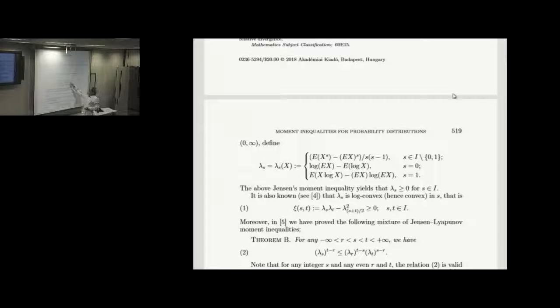When s is less than 0, then this s minus 1 is negative, and this one is also negative because of Jensen's inequality. When s is between 0 and 1, then this is negative down there, but up there is also negative because of Jensen's inequality. All in all, it is positive.